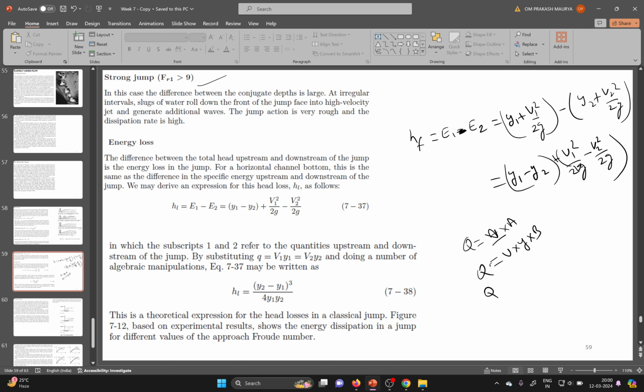Here q by b is equal to y, so you will get the small q as v into y. So your v1 y1 is equal to q and v2 y2 is equal to q, because q1 equals q2. Q is constant because the width is constant throughout the channel.